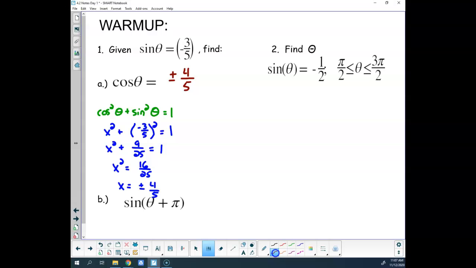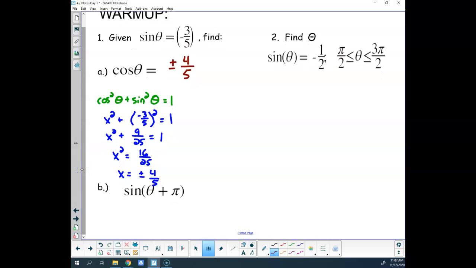Sine of theta plus pi would be equal to the opposite of the sine of theta. So I would negate negative 3/5, and then that would give me positive 3/5.